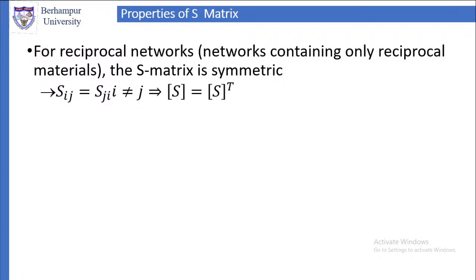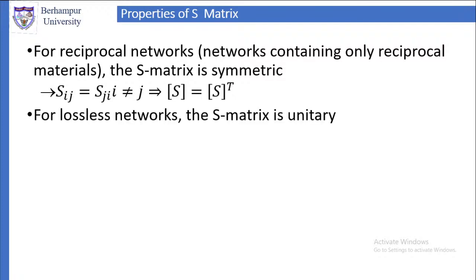So S matrix will be equal to its transpose matrix. S12 is equal to S21, S31 is equal to S13, etc. Therefore, when you take the transpose of the matrix, it will be the same as the matrix.